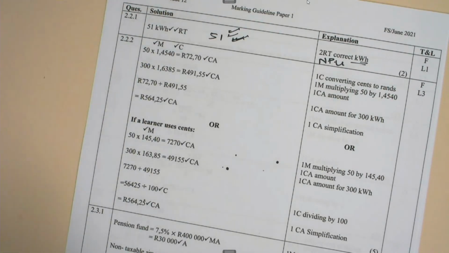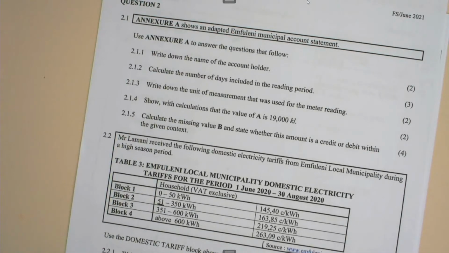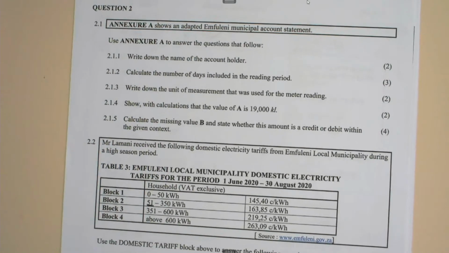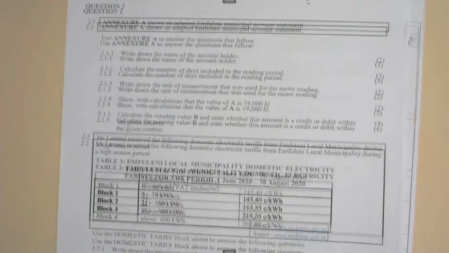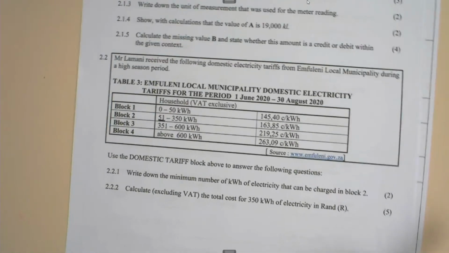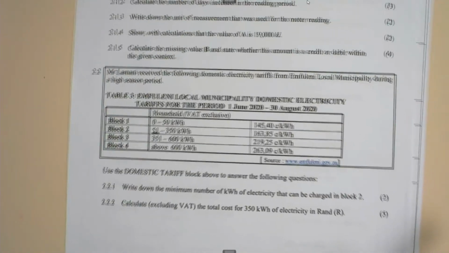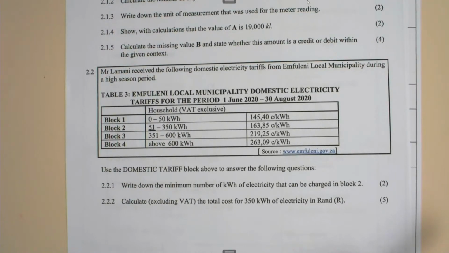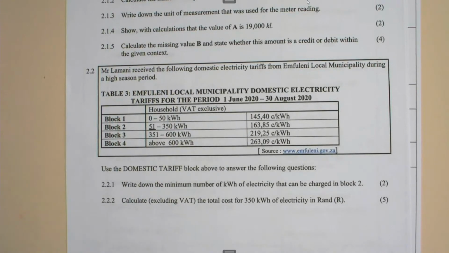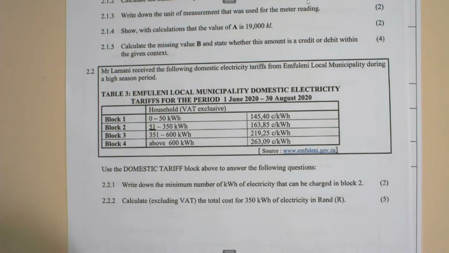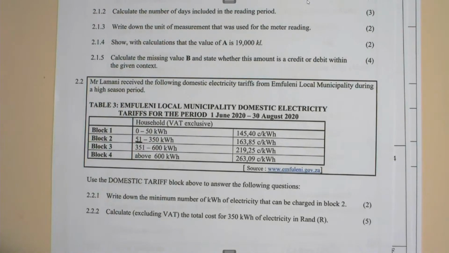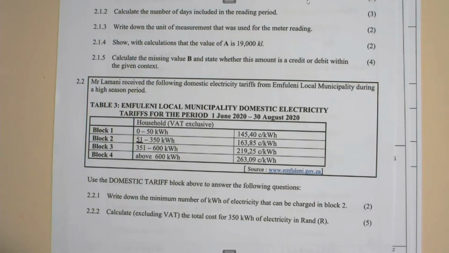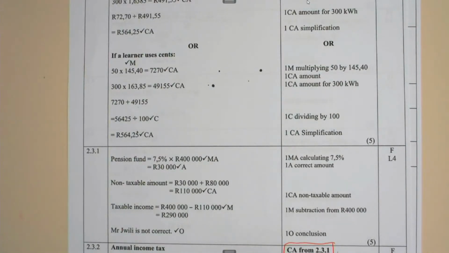No penalty for units. Right, 2.2.2. It says calculate, excluding VAT, the total cost for 350 kilowatt hours of electricity in rand. Remember, it says in rand, not in cents. But if you check our information, it is given in cents. Right, let's look at the possible answers.